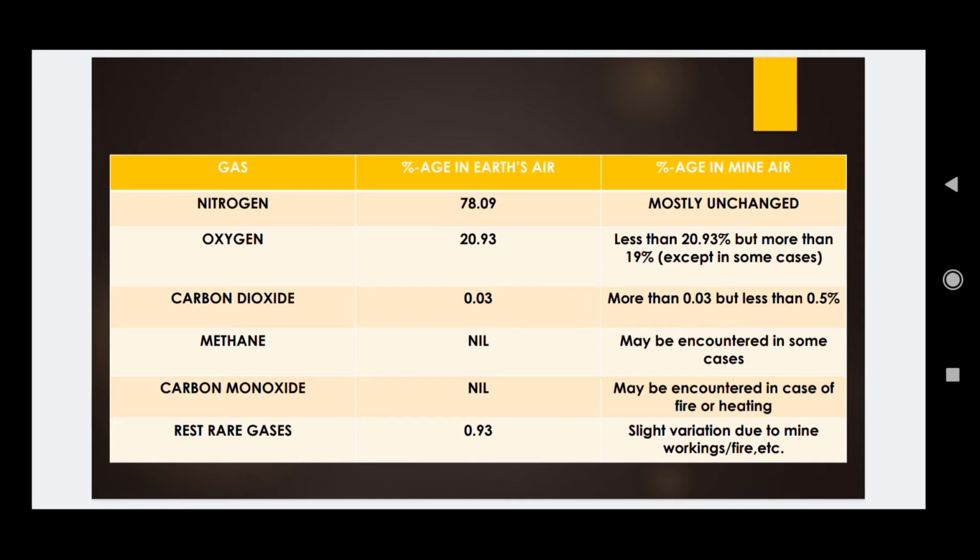It is not found in considerable amount on the earth, but in mines, if there is a fire or explosion, carbon monoxide can be obtained, that too in a considerable amount. Rare gases are 0.93% in the earth's air, and in mine air also there is very slight variation, and if there is a variation, it is because of a fire or explosion.